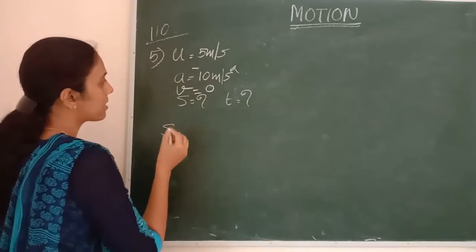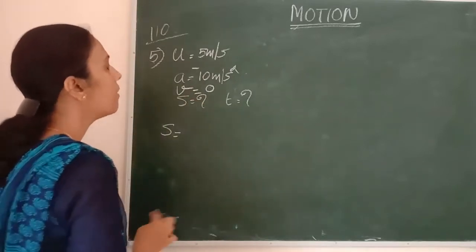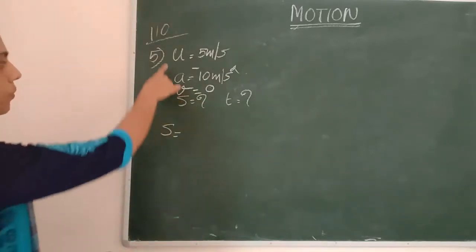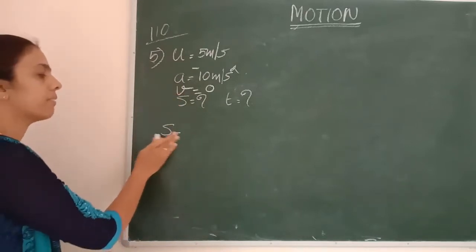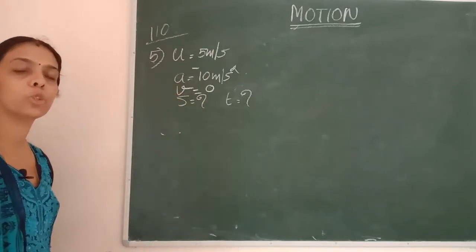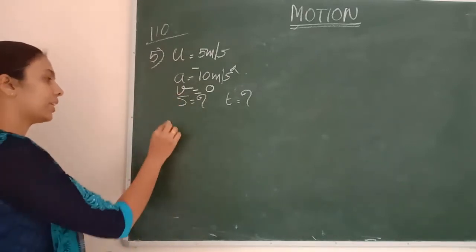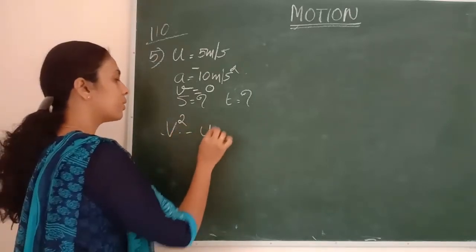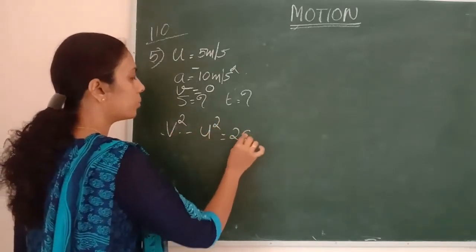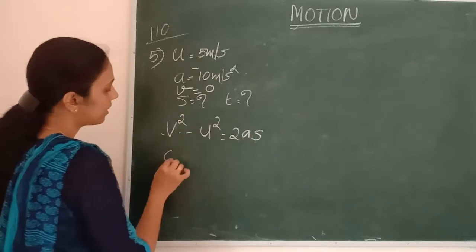S we should find out. Which formula can we use? U we have, A and V we have. Tell me which formula we can use to find S. Very good: V square minus U square equals 2AS. What is V? 0.